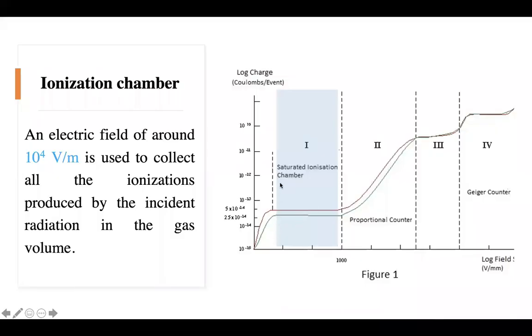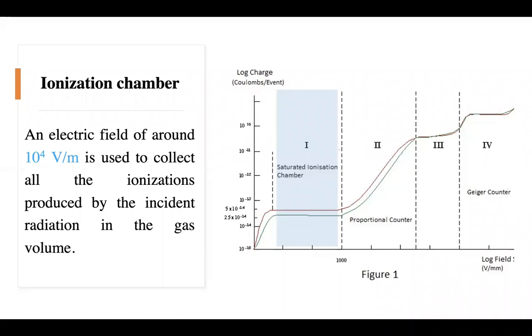So in this region, the light blue region, it's called the ionization chamber, because we applied a specific value of electrical field in this area. But before this region, we cannot use it for radiation detection, because the electrical field applied is not enough to collect all the ionization produced by radiation, and it will recombine again, so it will not reflect the real dose deposited by radiation.